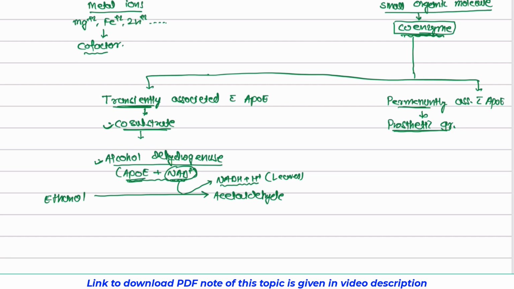But once again, we know the rule of enzymes: they participate in the reaction, but there is never any permanent change in the structure of the enzyme. But here, the structure of the enzyme is getting changed. However, this change in the structure of the enzyme is reversible.